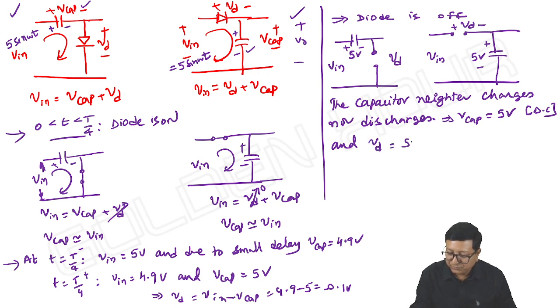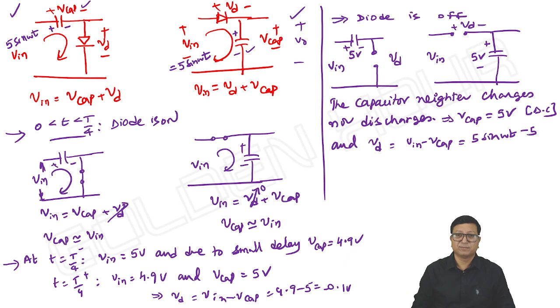It is V input minus V capacitor. So many times I explained this. 5 sin omega t minus 5. That's it. You see, whether you take this circuit or this circuit, the working is the same.